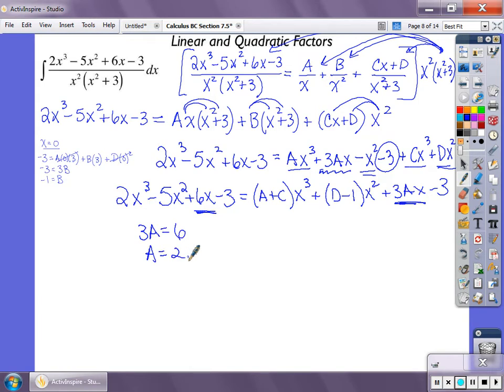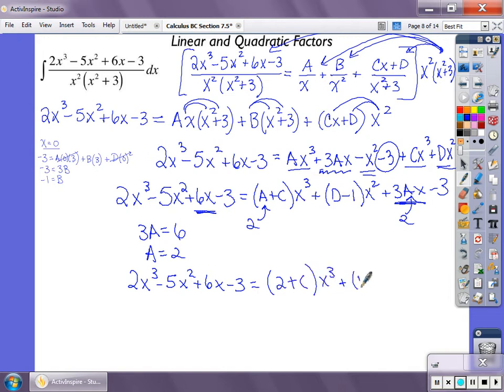And we're very happy with that, because that means I can put a 2 here and a 2 right there. So 2x cubed minus 5x squared plus 6x minus 3 is 2 plus c times x cubed plus d minus 1 times x squared plus 6x minus 3.